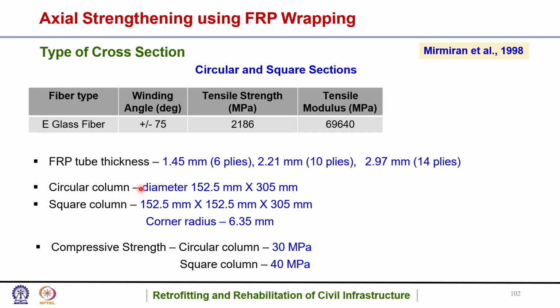The circular column had a diameter of 152.5 mm and 305 mm height. The square column had 152.5 mm edges and 305 mm height, and corner radius was 6.35 mm. The compressive strength for the circular column was 30 megapascal, whereas for the square column it was 40 megapascal.